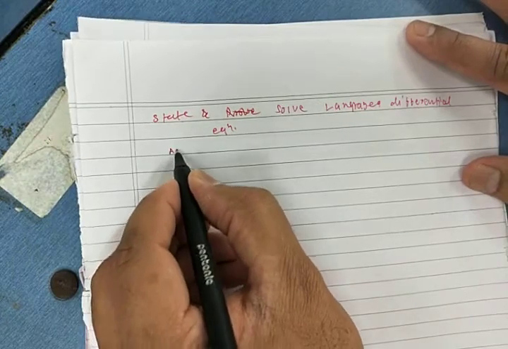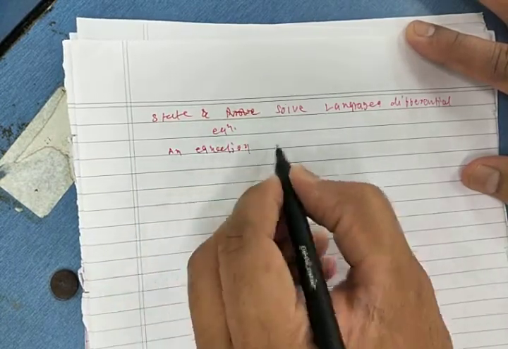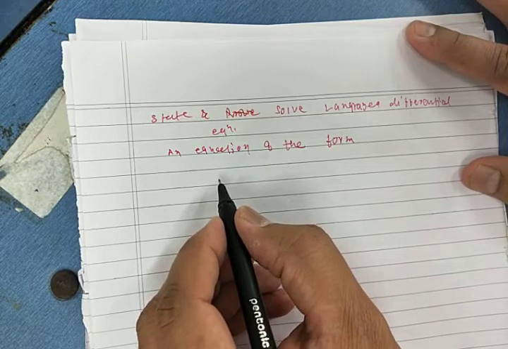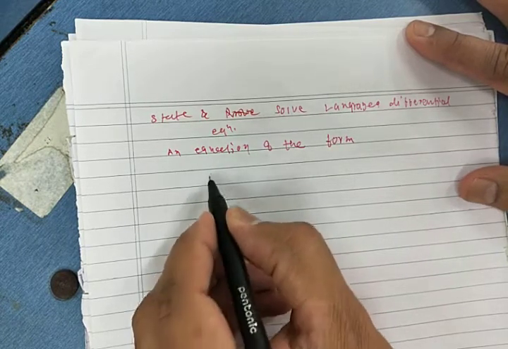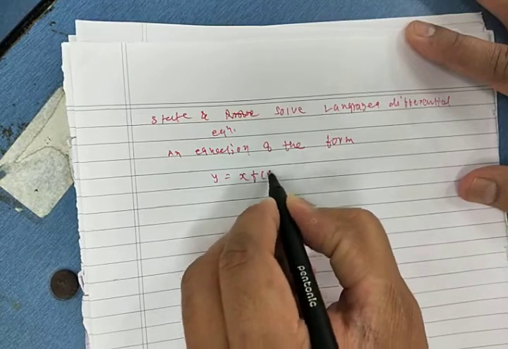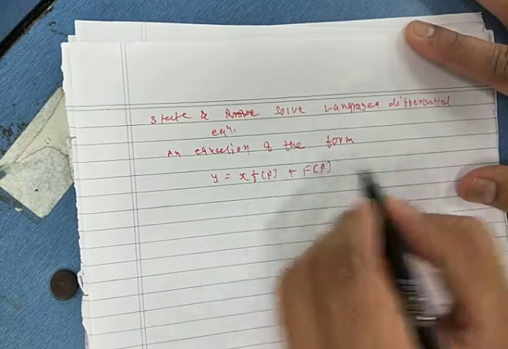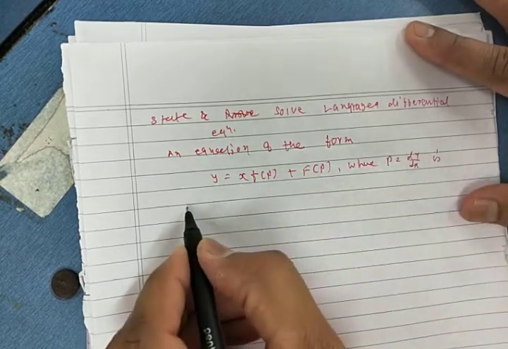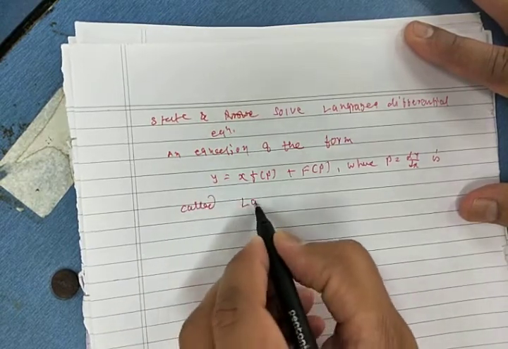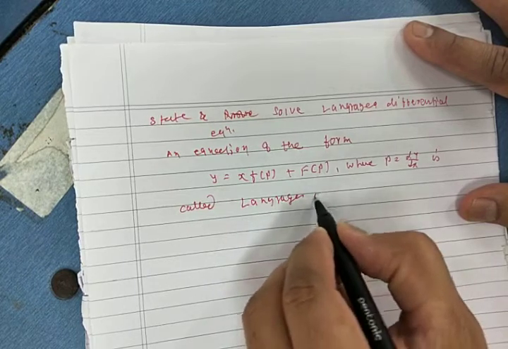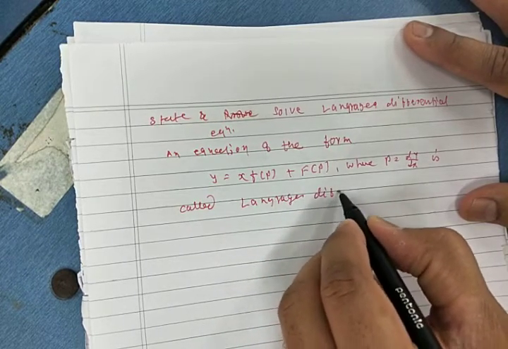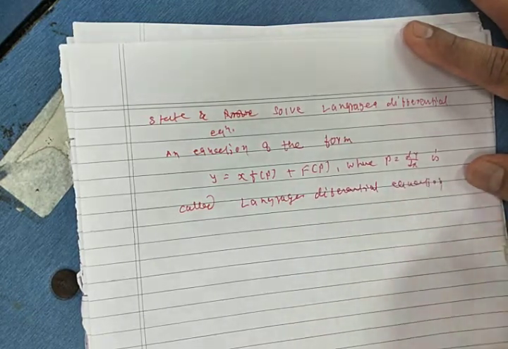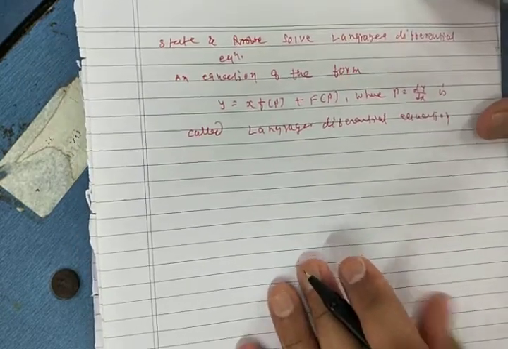An equation of the form, of course that is also particularly solvable for y, y is equal to x into f of p plus capital F of p, where p is equal to dy by dx, is called Lagrange's differential equation. Clear?